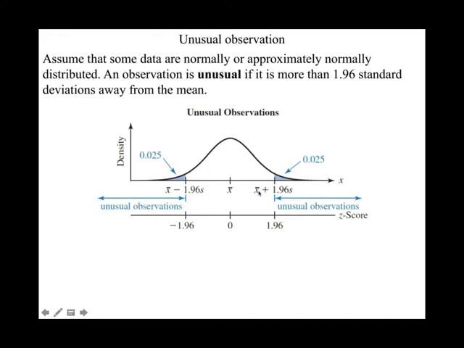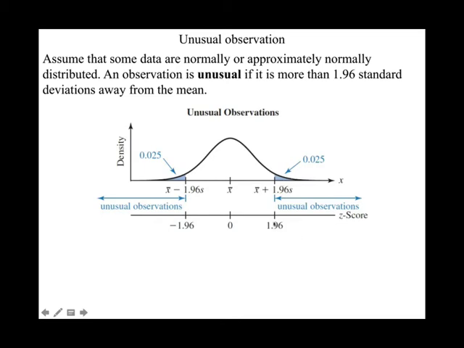You could see the mean plus 1.96 times the sample standard deviation, or the mean minus 1.96 times the sample standard deviation. If your x lies in between these, this is considered usual. If your value of x is less than here or greater than here, we consider this an unusual value.